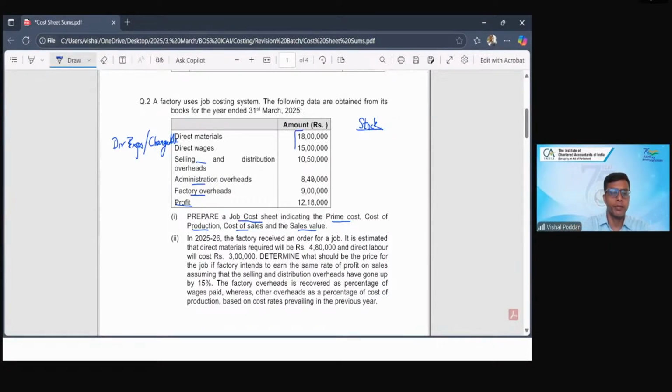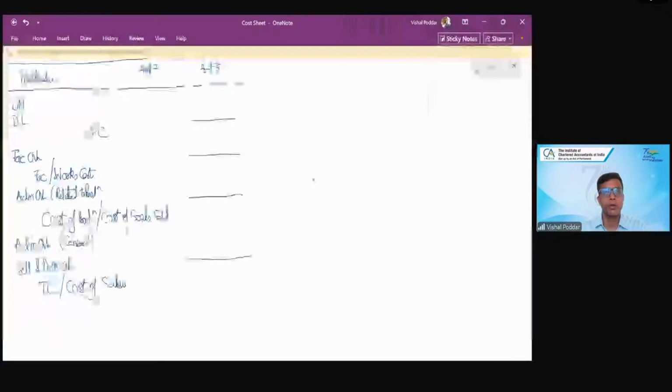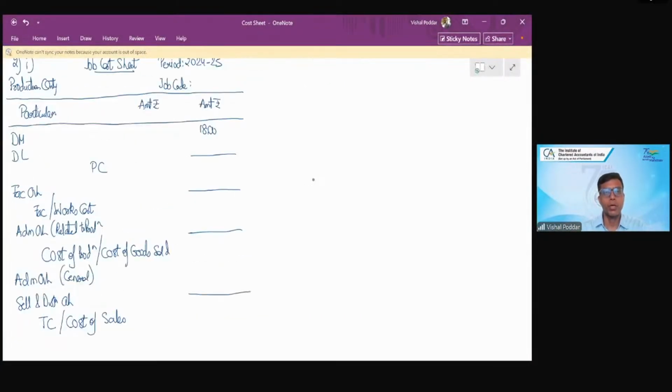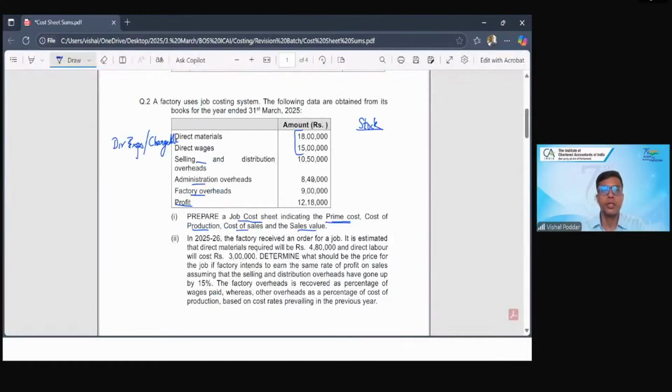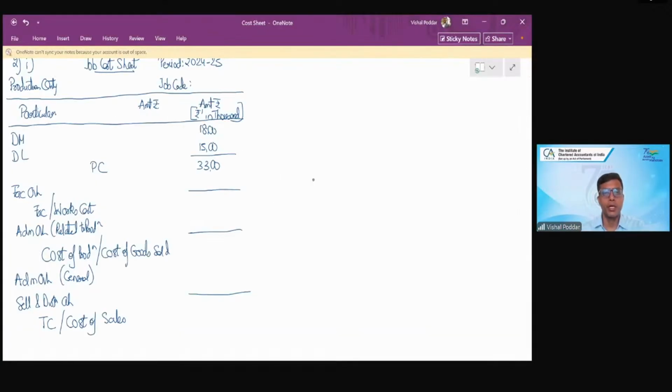So 18 and 15. Amounts are in rupees in 1,000. So this is 33 lakhs. So we have also derived the first figure that they have asked for. Then you have the factory overheads, which is 9.